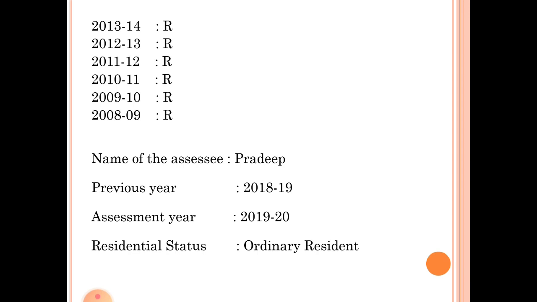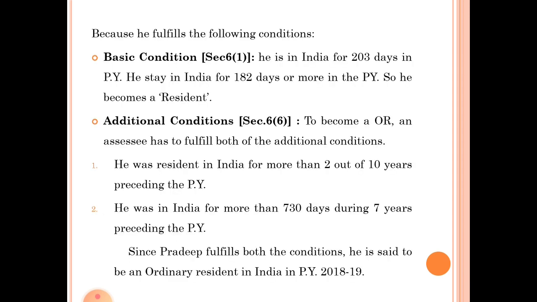So our solution is name of the assessee Pradeep, previous year 2018-19, assessment year 2019-20, residential status ordinary resident. Because he fulfills the following conditions. Basic condition under section 6 subsection 1, he stayed in India for 182 days in previous year.